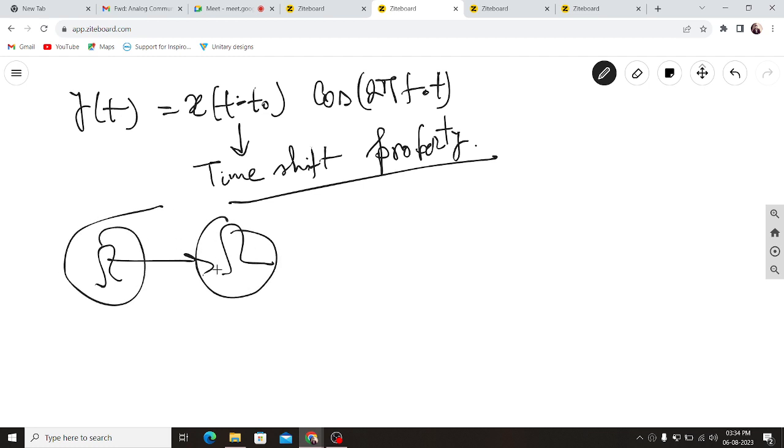Both of them will have the same energy. Even if we shift the signal by t0, only shifting the signal, nothing else, it does not change the energy.